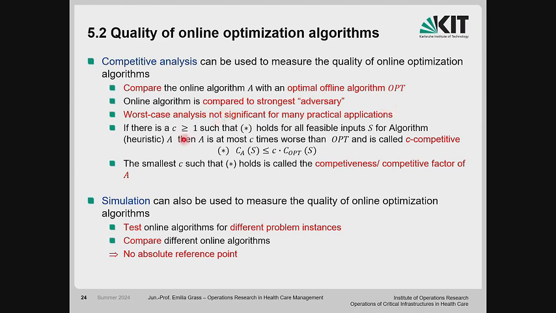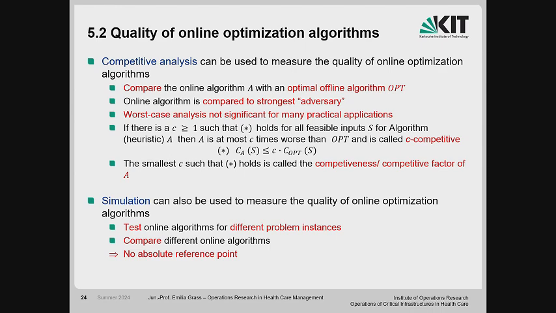So the worst case bound also counts here, but this time C is not the quality, but the competitiveness of the online algorithm. So how good is it compared to the best offline algorithm.